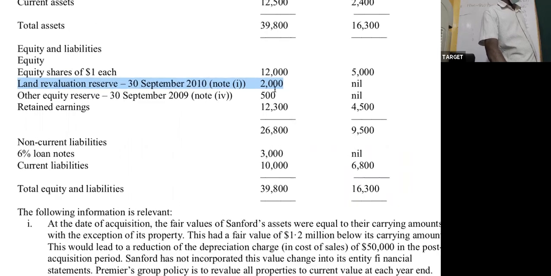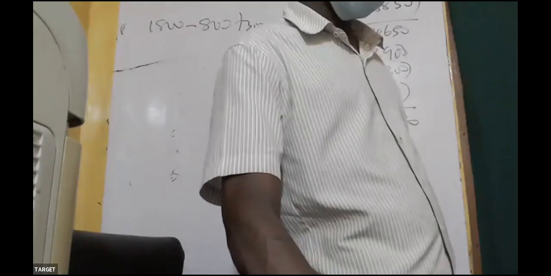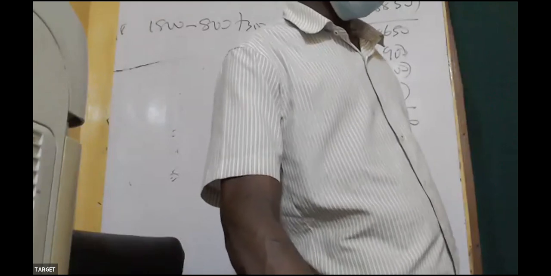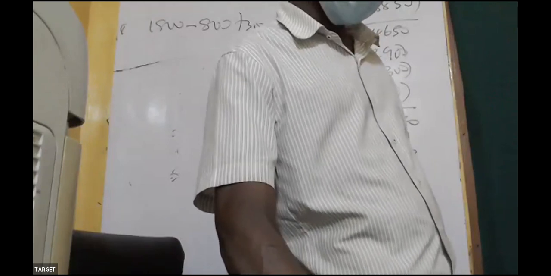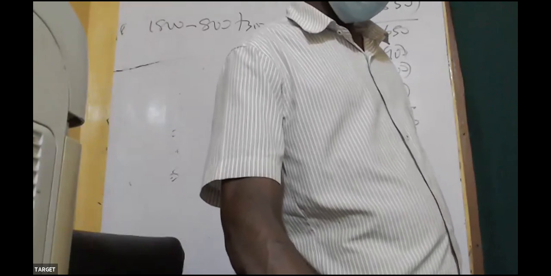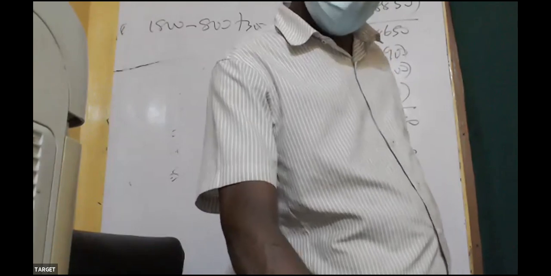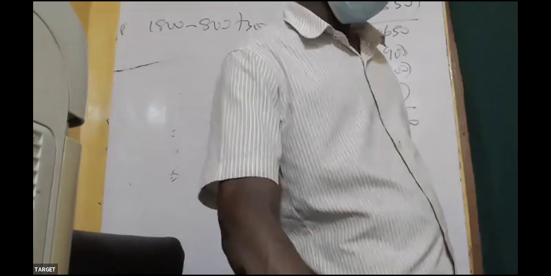So that 500 that they've informed us must be added to what? This 2,000. So fair value gain on the land. That is how we have to treat that.